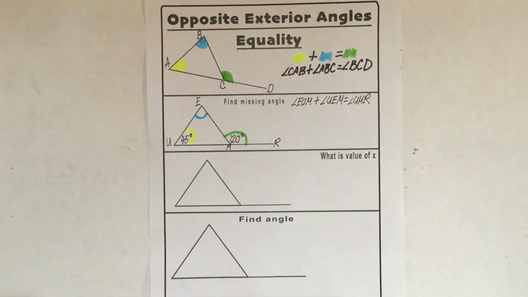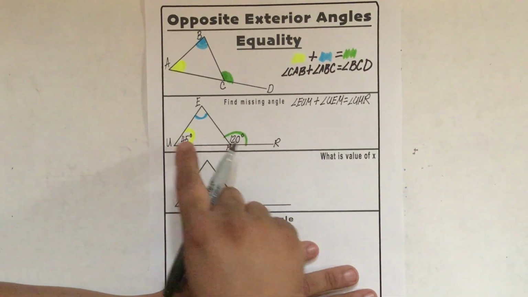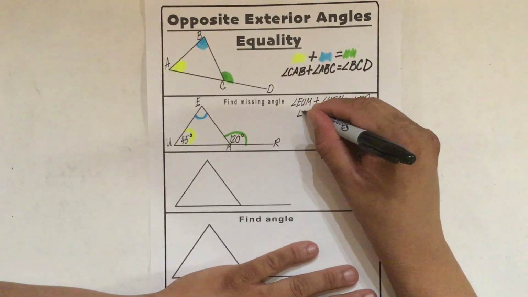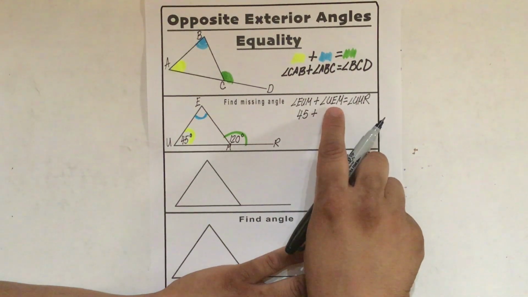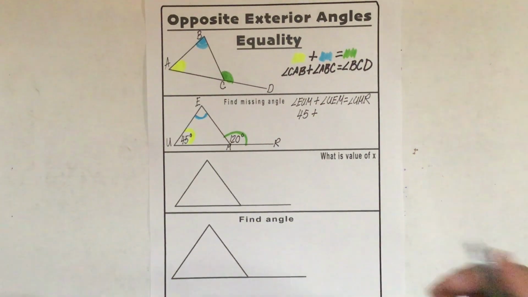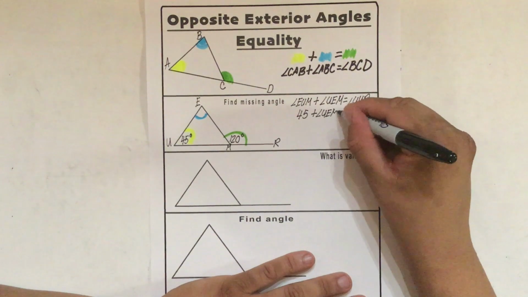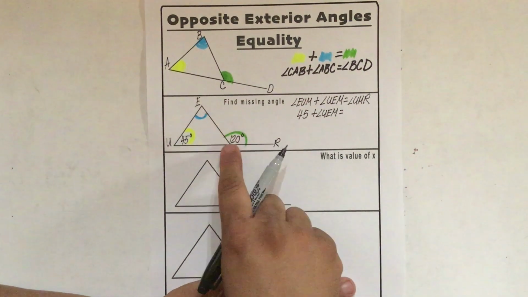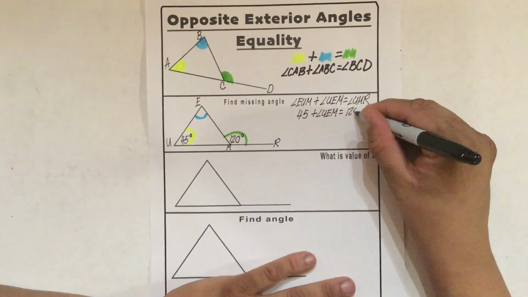So now let's fill in the information that they gave us. EUM, angle U is in the middle, is 45 degrees. So this is 45, plus UEM, E is in the middle. Well, I don't know what that is. It's missing. So let's leave it as angle UEM is equal to angle EMR, which is 120.